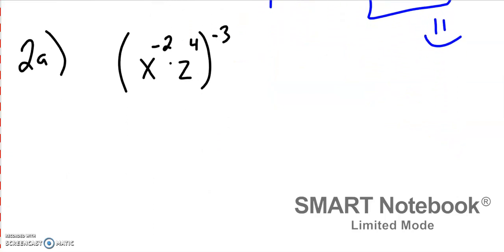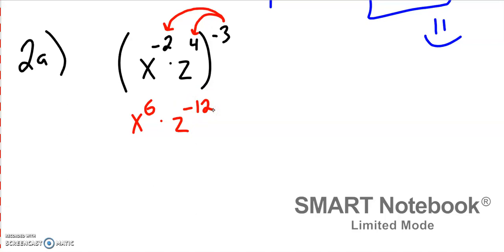So we have two bases inside our set of parentheses, x and z, and those aren't the same bases, so we can't operate the exponents together. So now what we're going to do is send this negative 3 inside the set of parentheses. So now we get x to the positive 6th times z to the negative 12th.